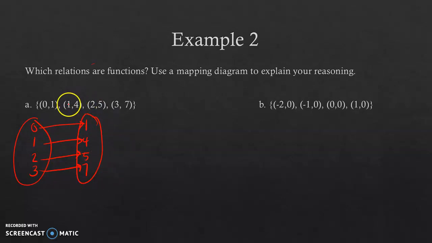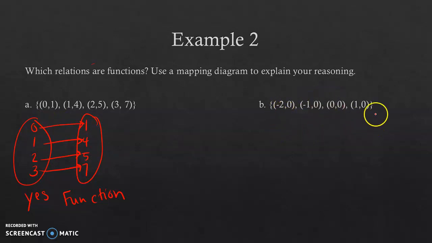But then the next question is, is this a function? And the answer is yes. I guess I didn't say yes or no to the function, but which is a function? This one is a function because for each x value there's exactly one y value.